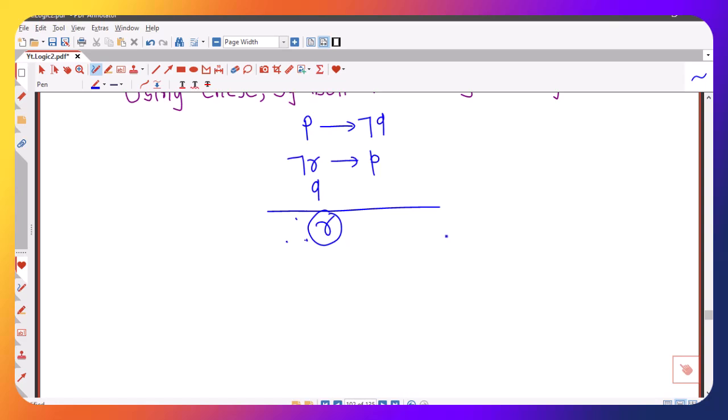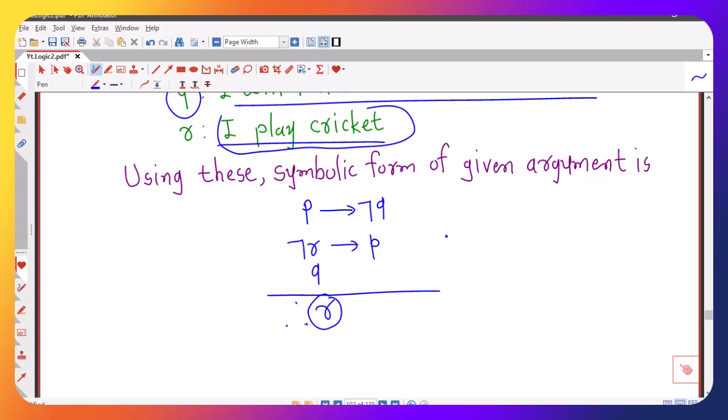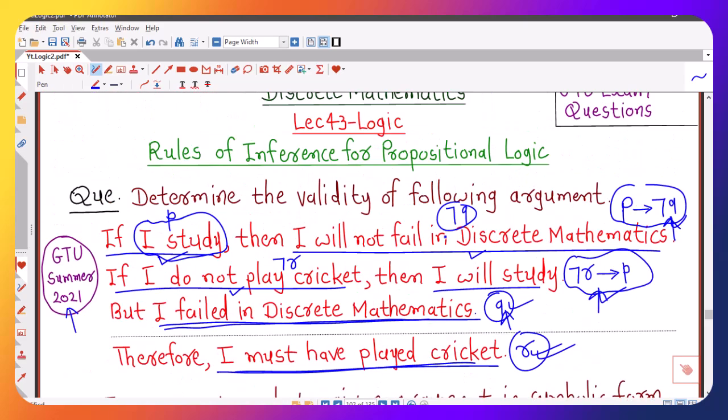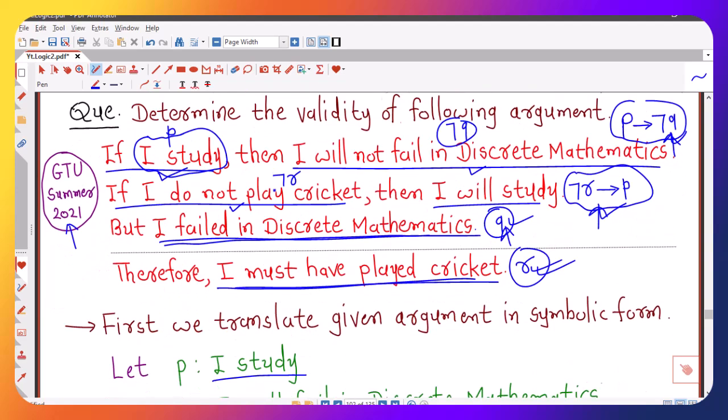So we are doing this question using two methods. Here they have not specified anything, so if you wish you can use rules of inference to check the validity of this argument, or you can use a truth table to determine the validity of this argument. We are going to determine the validity using both the methods.